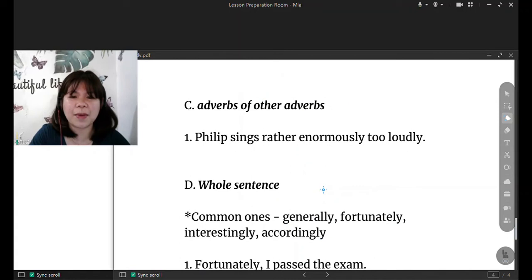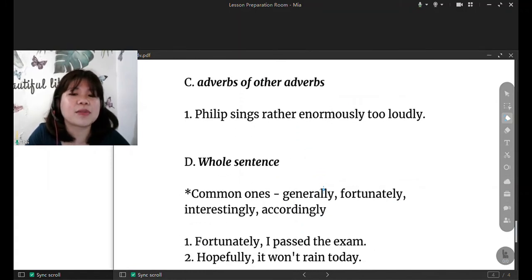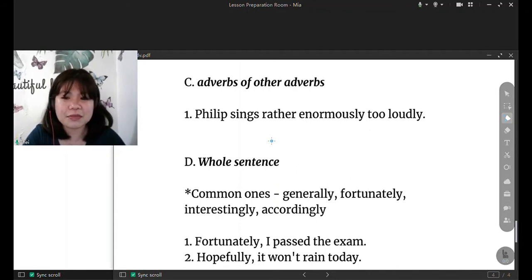Now let's talk about adverbs modifying other adverbs. So it modifies, describes other adverbs as well. Now, Philip sings rather enormously too loudly. Okay, you can see a lot of adverbs here, right? A while ago we had he sings loudly, right?